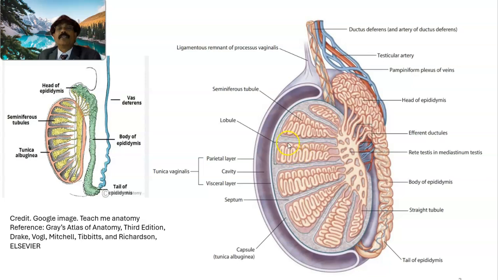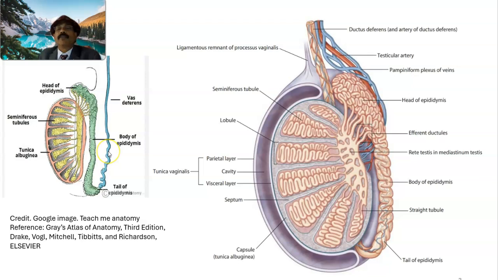This is the seminiferous tubule, this is the lobule, and then you get the rete testis in the mediastinum testis, efferent ductule, head of the epididymis, body of the epididymis, tail of the epididymis, and from the tail we get the ductus deferens or vas deferens.